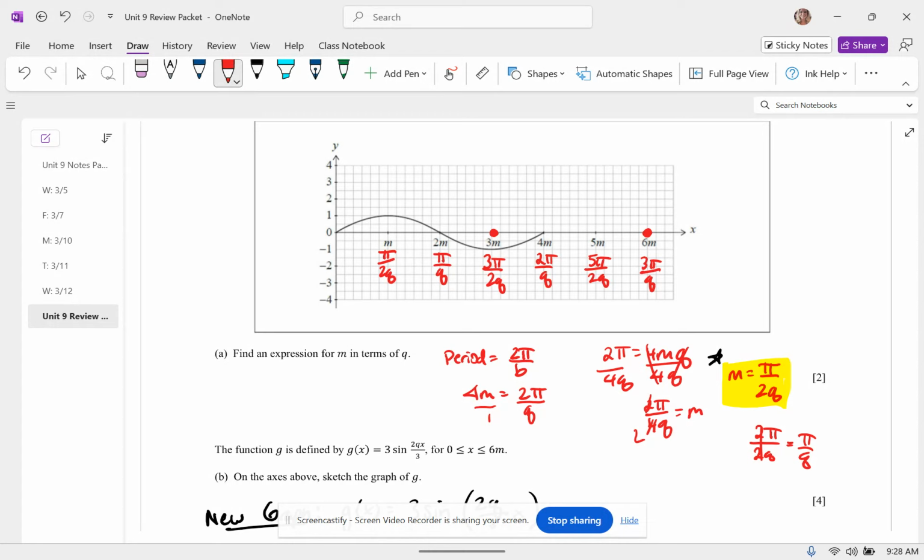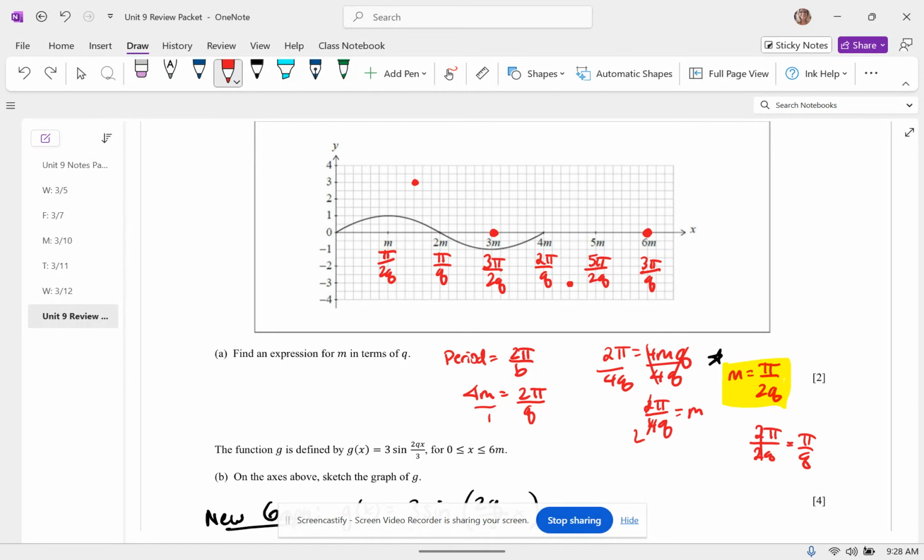So I go up 3 units, and halfway is 1.5m. Counting 1, 2, 3, 4, 5, 6, there are 3 in between, so I count over 3 from m, 1, 2, 3, and I go up 3. Same idea for the min. Halfway is 4.5, so that's 3 boxes, and I'm going down to -3.